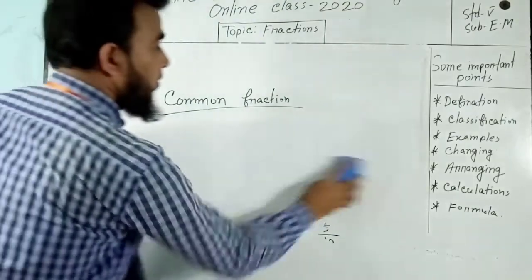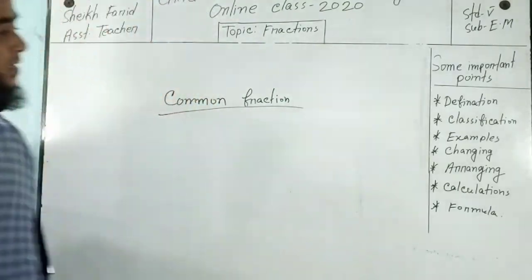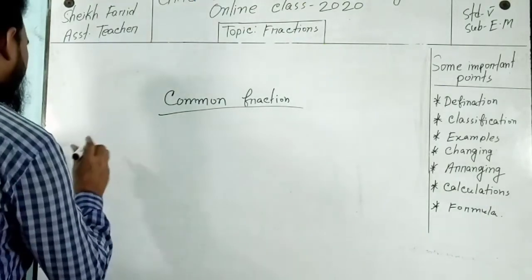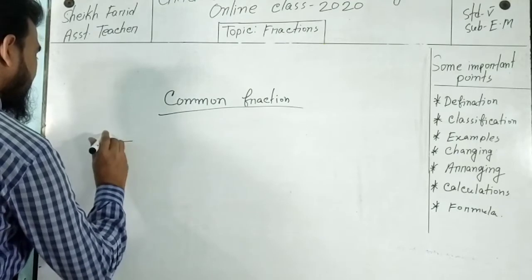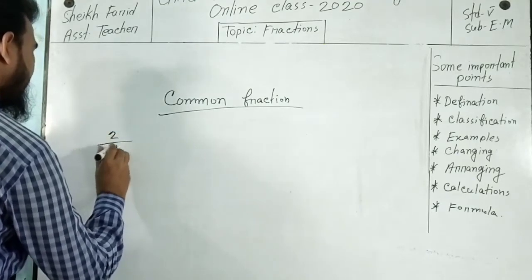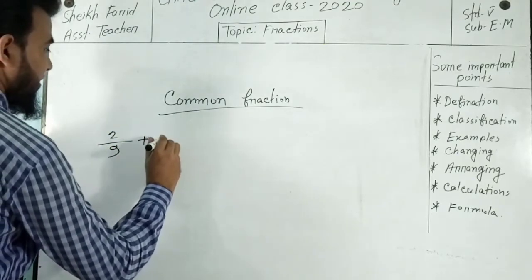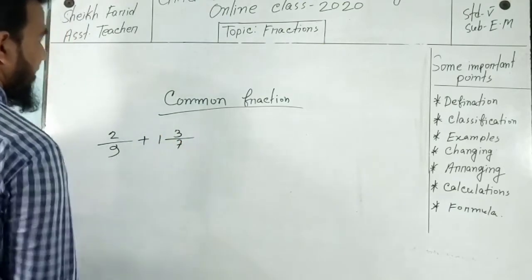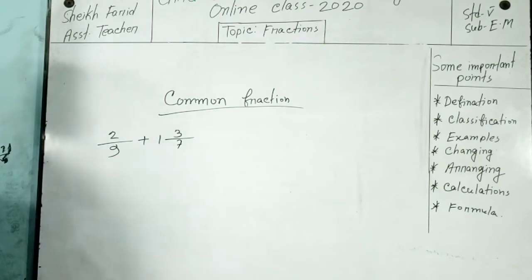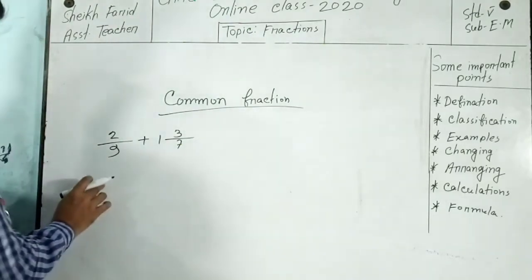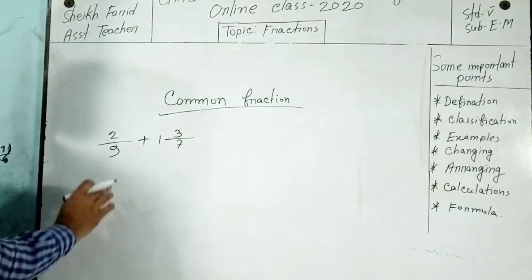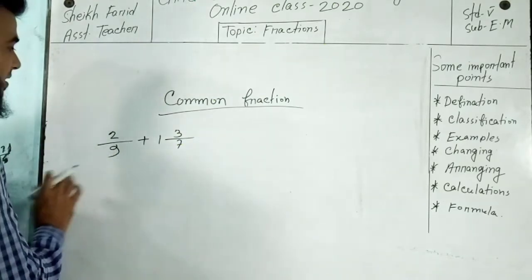Okay, now we can discuss some calculations with these fractions. Look, at first we can discuss addition. Suppose 2 by 9 and 1 integer 3 by 7. How can we add these? At first look here, you know that this is a proper fraction and this is a mixed fraction. We have to add these two fractions.